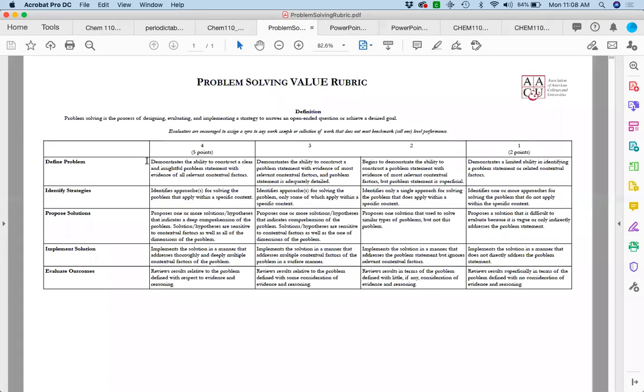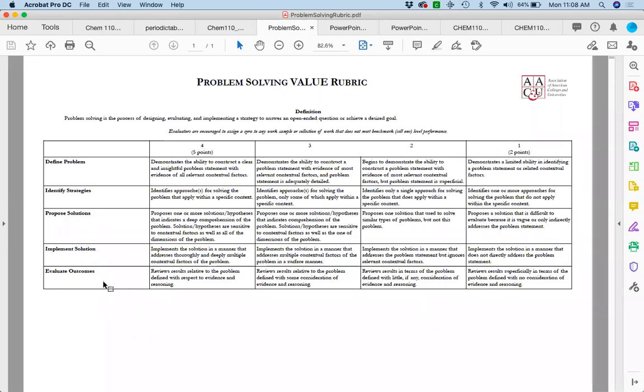So defining the problem is something that we've typically already done based on the language or the information that's in the problem. So when I ask you questions, I will really be asking about these last 4 components: identify strategies, proposing solutions, implementing the solution, and then evaluating the outcomes.